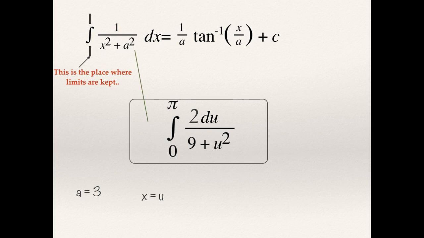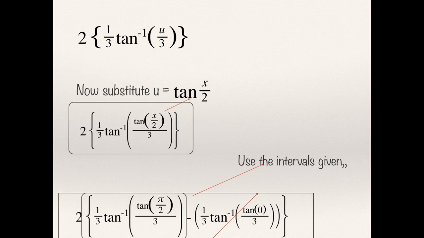Simply take the constant out, which is 2, and you'll get the same particular equation that is shown above, which is always used in integral calculus. So you'll get 1 by a, which is 3, and tan inverse of x by a, where x is u and a is 3.